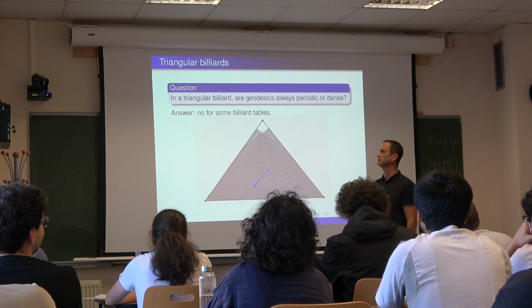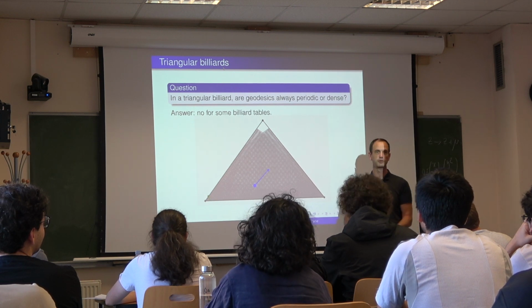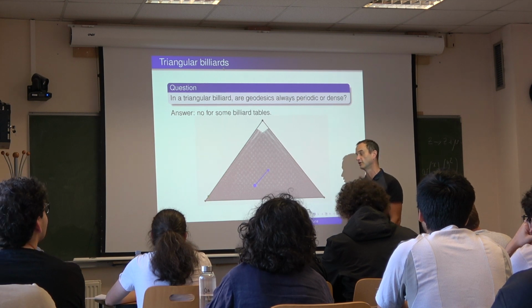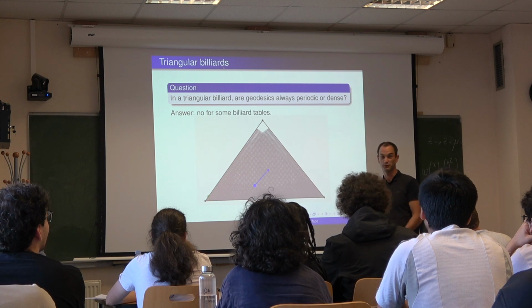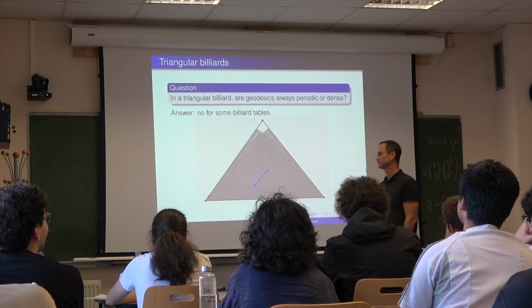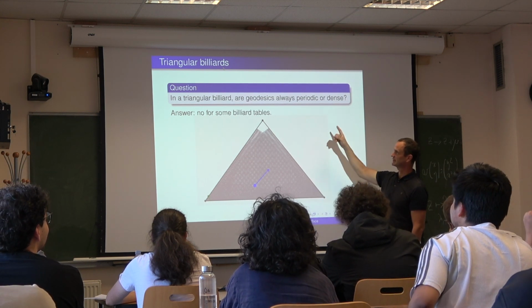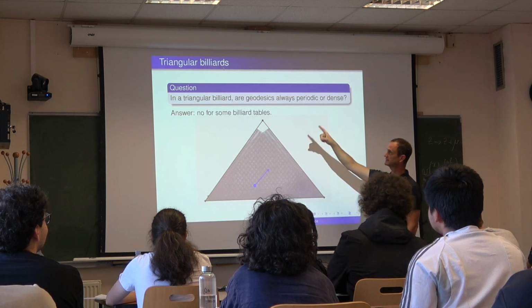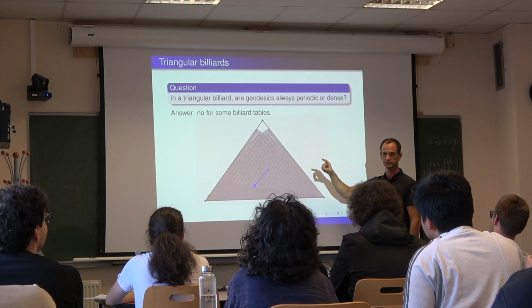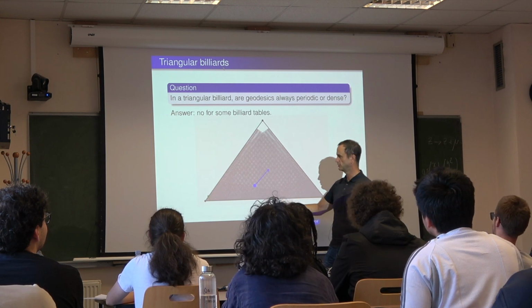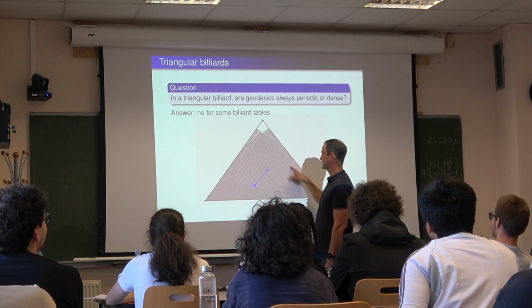result. And I found an article published on arXiv on the 30th of October 2023, so 1 month ago, which gives an example proving that there exists triangular billiards where geodesics are neither periodic nor dense. So this is an example of a triangle which is an isosceles triangle.